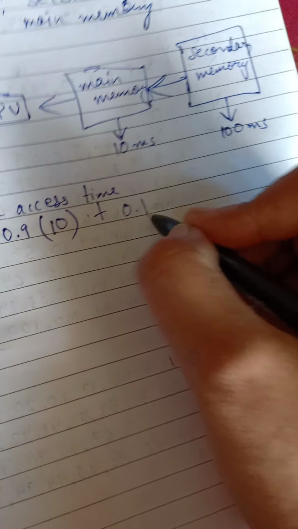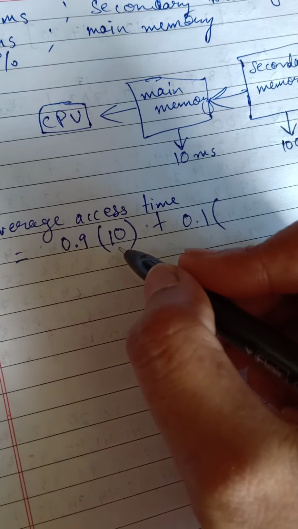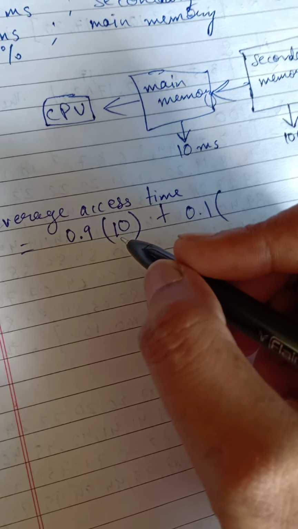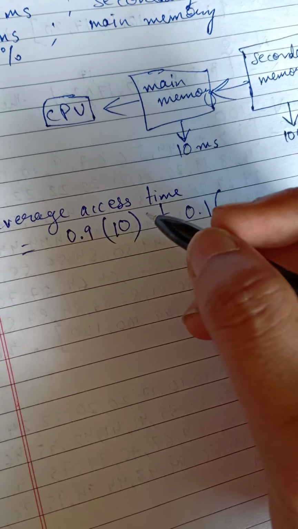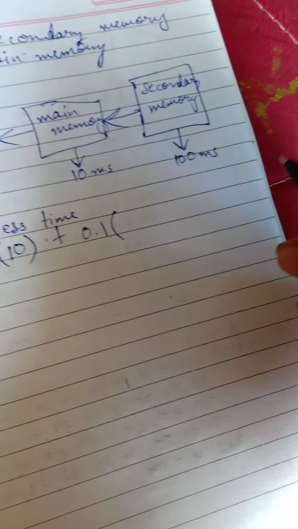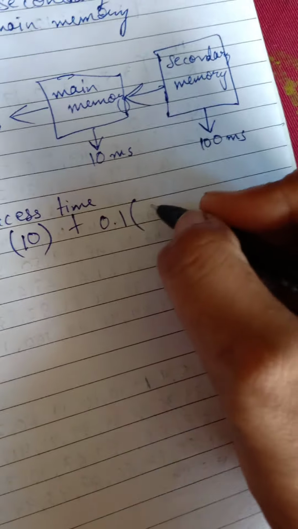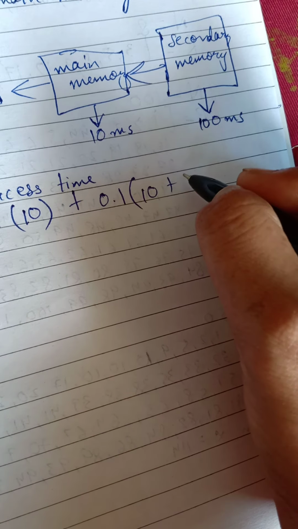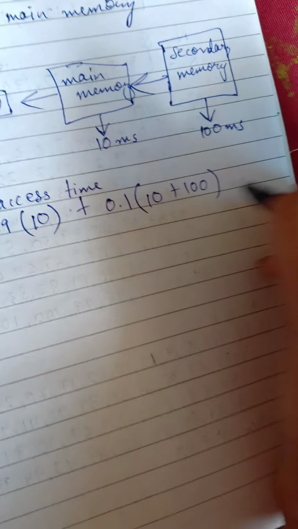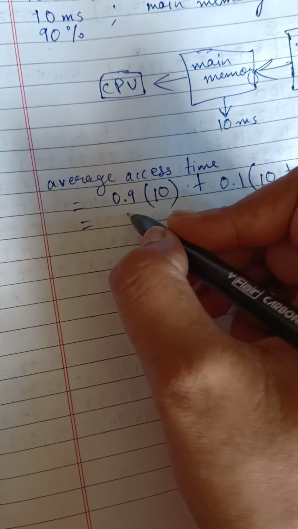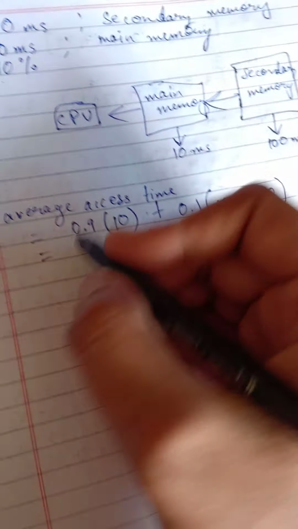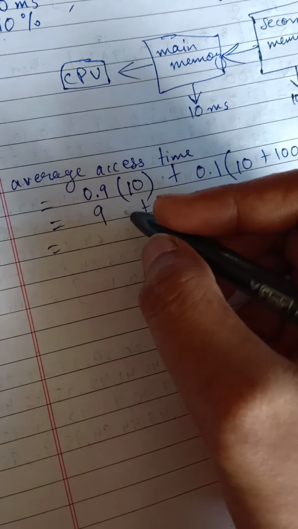So 0.1 times. We also have a penalty on that 10% data, because to access it we are going back to the secondary memory. So that penalty of 10 milliseconds plus the access time of the secondary memory, which is 100 milliseconds, now it sums up to 9 plus 11. So average access time is 20 milliseconds.